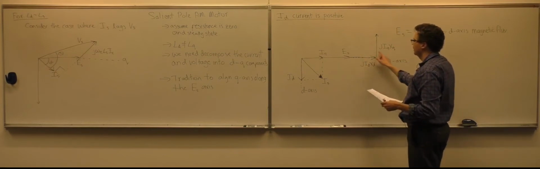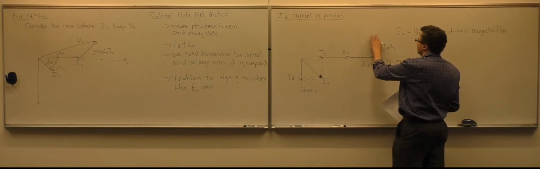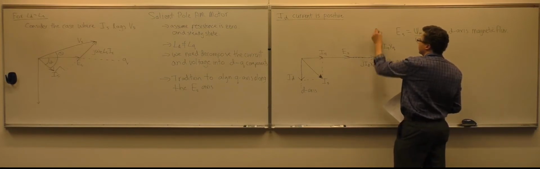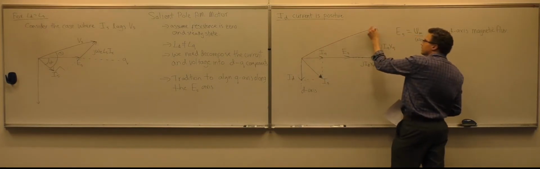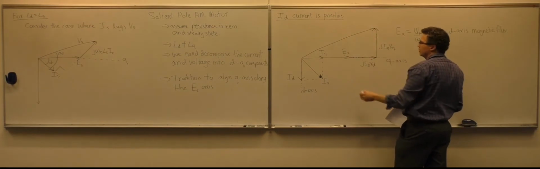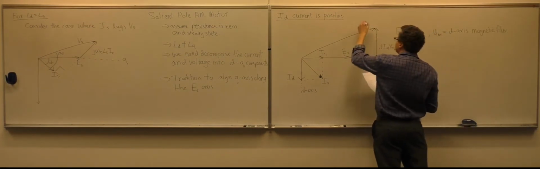These vectors don't have to be the same length. It depends on the current that we're applying. So then the net, when we add those up, would be the voltage Vs.